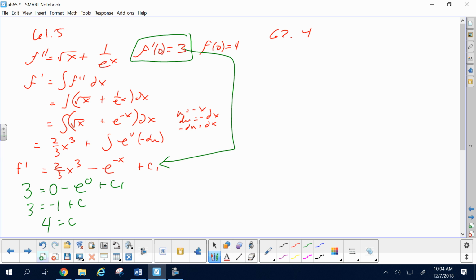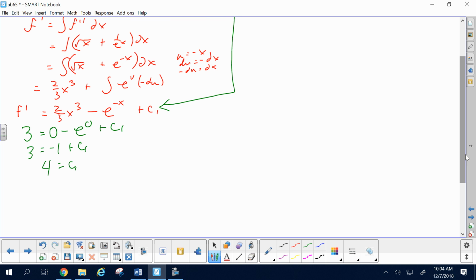Are we cool? All right. At that point, f prime is complete. f prime is 2/3 x to the 3/2 minus e to the negative x plus 4.